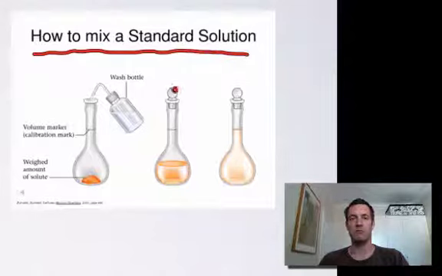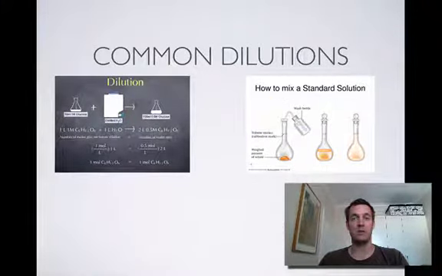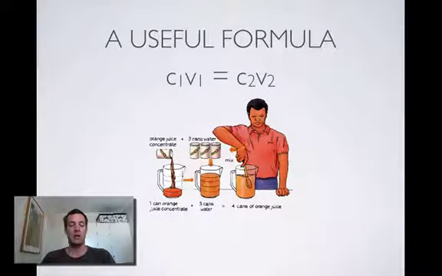This is really important in year 12 in particular when you do titrations. In these situations you add water to a volumetric flask, so you know how much water you're adding, and you need to be able to figure out what the concentration of your solution is. So you're going to use that in subsequent experiments. So lots of examples of where these calculations are useful.